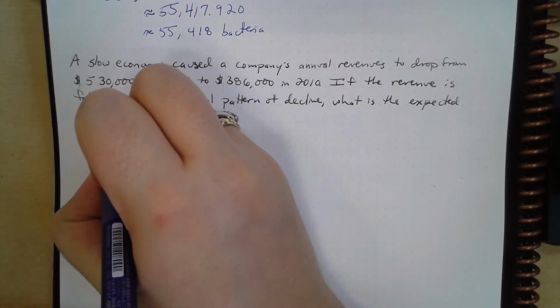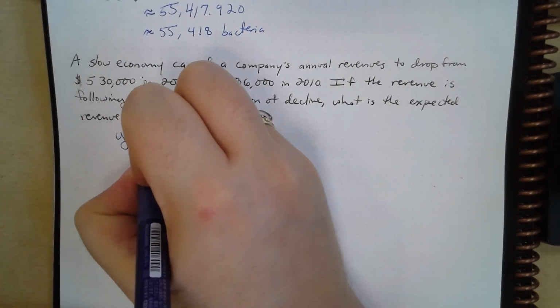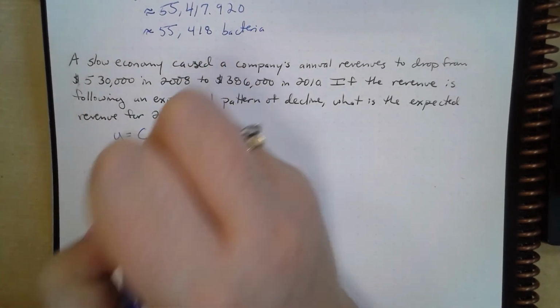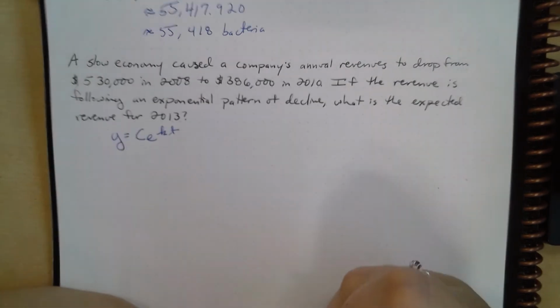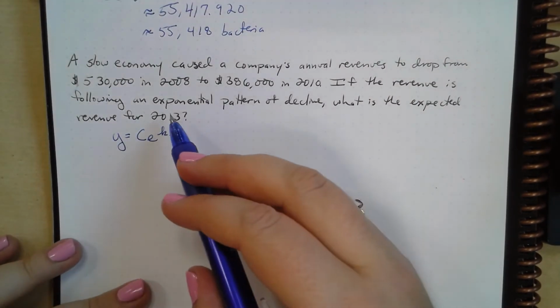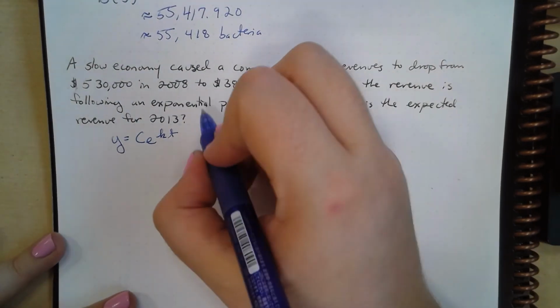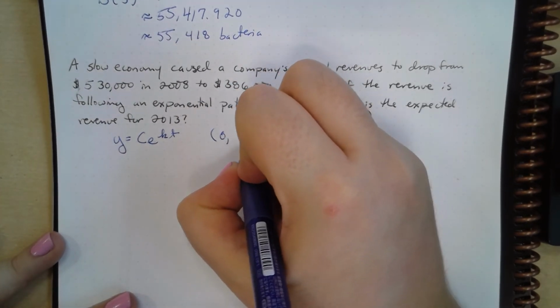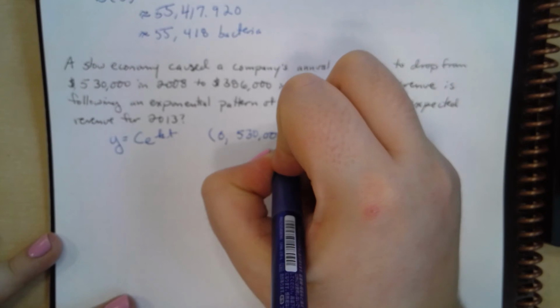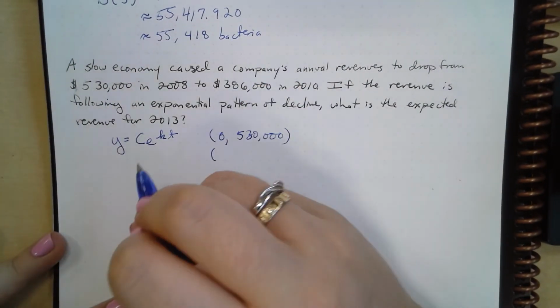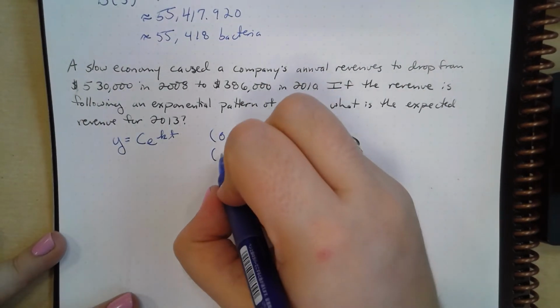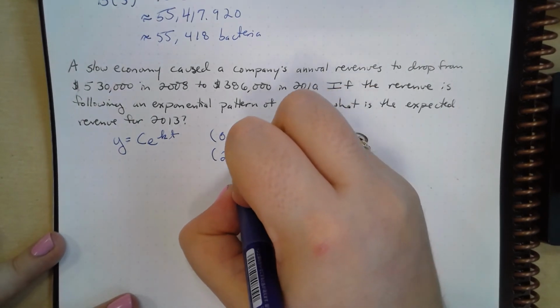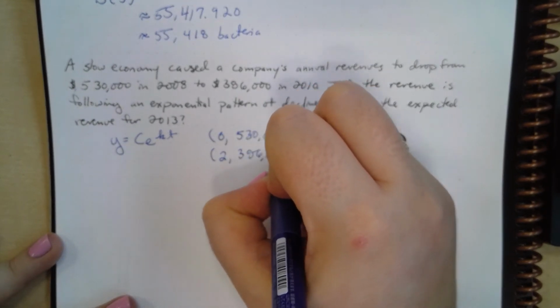Our model is y equals C e to the kt. We've been using that this whole time. In 2008, which we're going to call 0, our number was 530,000, and in 2010, which we're going to call 2, we have 386,000.